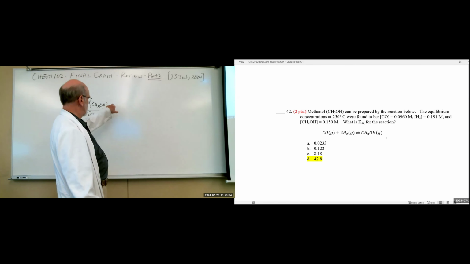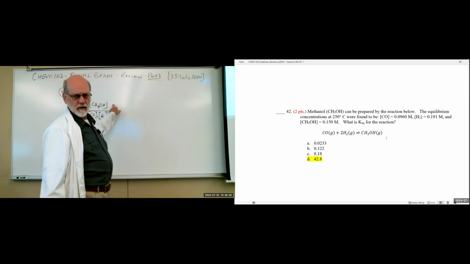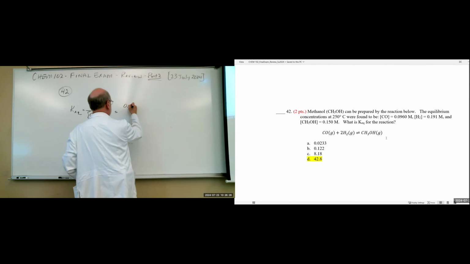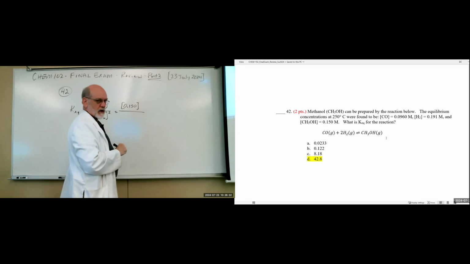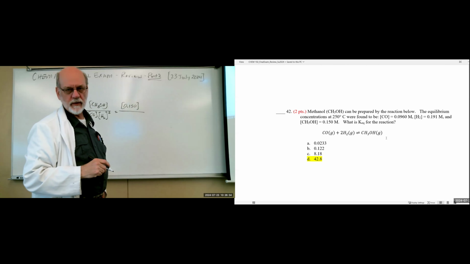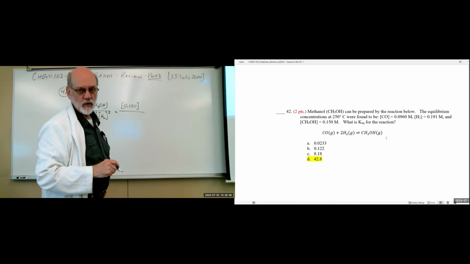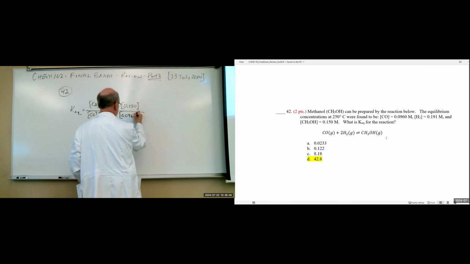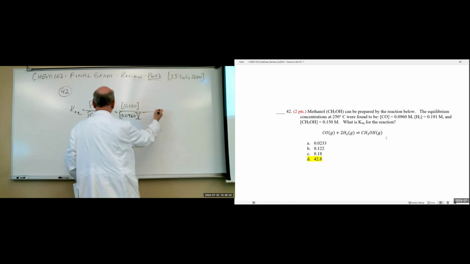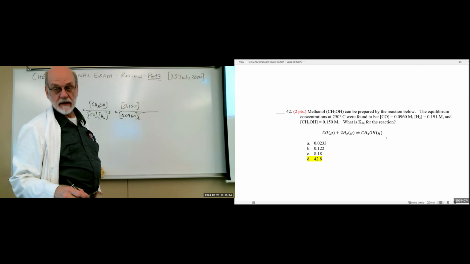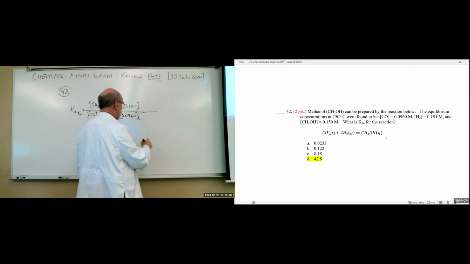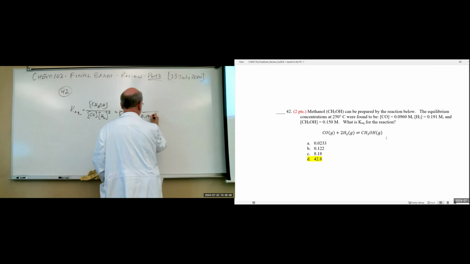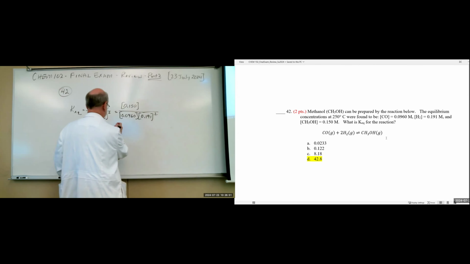So let's see. Methanol, 0.15. Carbon monoxide at equilibrium is 0.0960. And hydrogen is 0.191 squared.